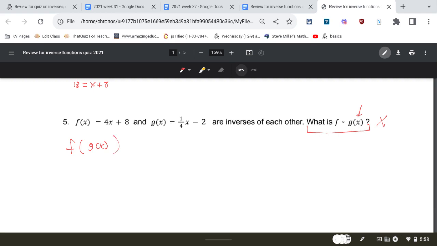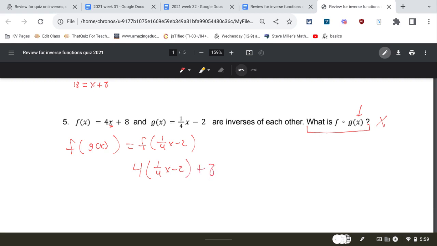But if we were to work this out, it would be f of g of x. That's what they want us to do, which is f of (1/4 x minus 2). So what I would do to evaluate this is I would replace my original x with 1/4 x minus 2. So it would be 4 times (1/4 x minus 2) plus 8.